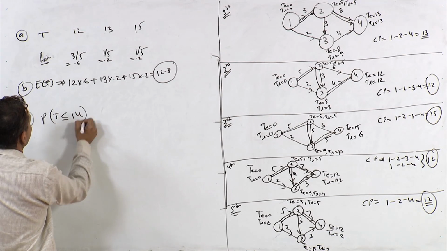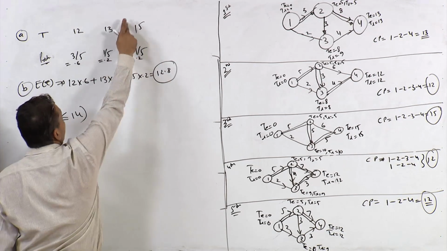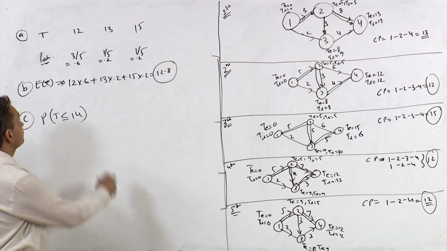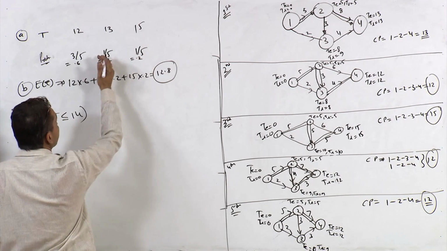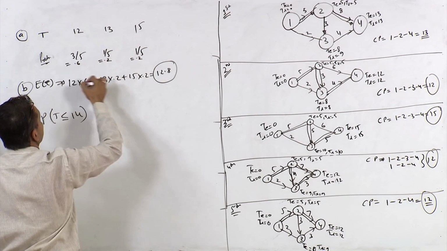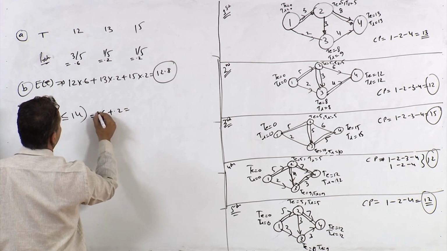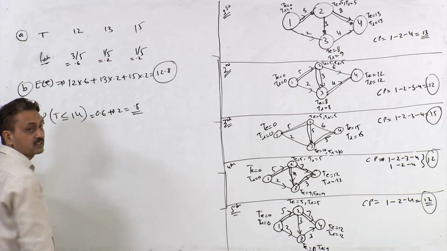This is for 15 days, 0.2. This is for 12, 13. So for less than 14 it is this, 0.6 plus 0.2. This 0.8 is the answer.